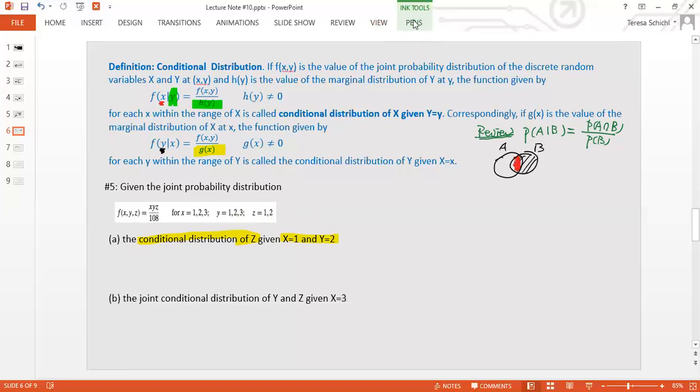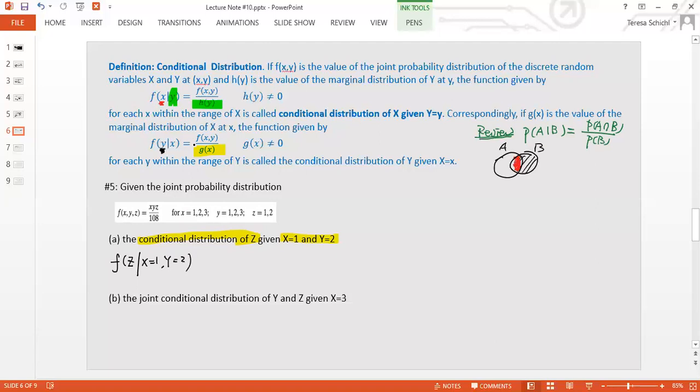How do I do it? The first thing is to write what we are trying to find: the distribution of Z given that X is equal to 1 and Y equal to 2.